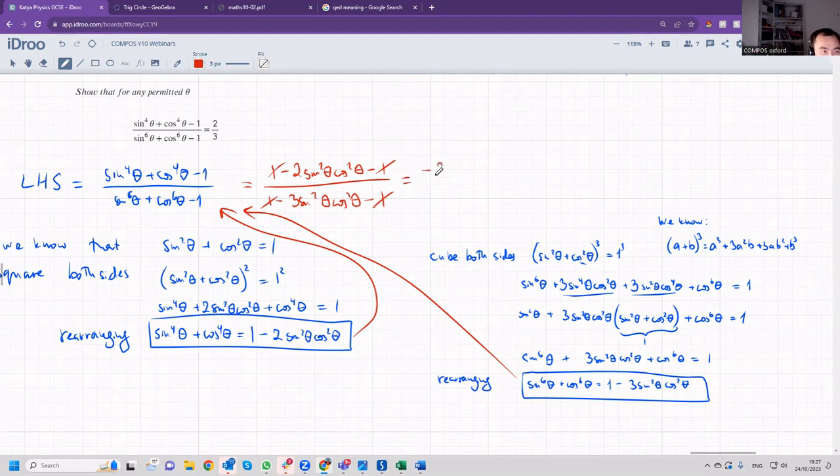We're left with minus 2 sine squared theta cos squared theta over minus 3 sine squared theta cos squared theta. Cancel, cancel, cancel, cancel. 2/3. QED.